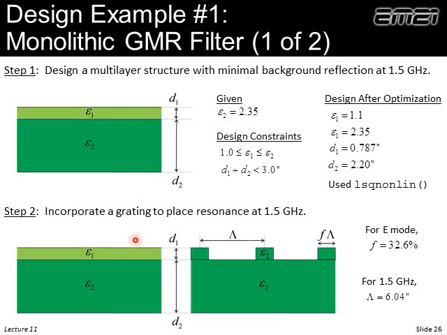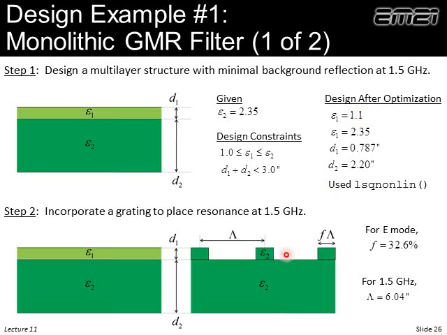So the second step now is to incorporate a grating. And we calculate the duty cycle based on our discussion from sub-wavelength gratings. And it turns out the duty cycle needs to be around 33% in order for us to get an effective dielectric constant of 1.1.